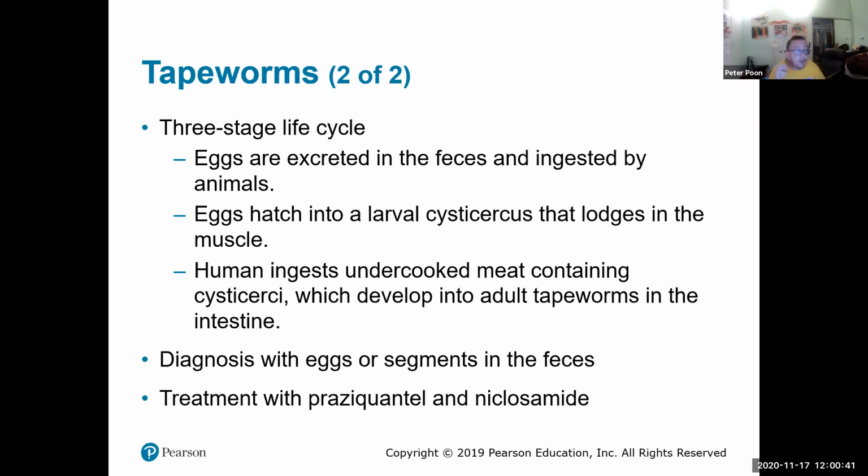They secrete large numbers of eggs and sperm in little packets in feces. The eggs hatch and dig their way into muscle. Humans ingest the undercooked meat, which develops into adult tapeworms in the intestine.